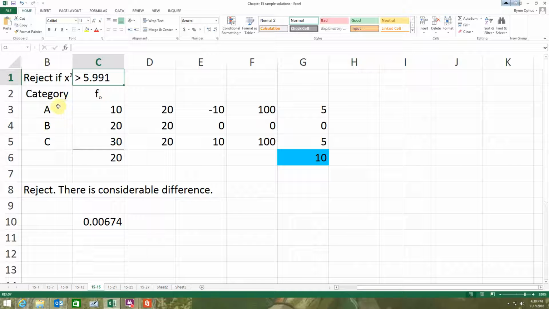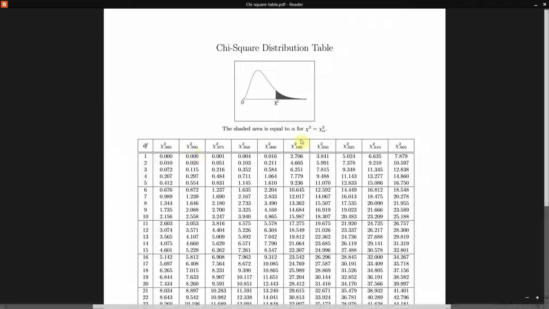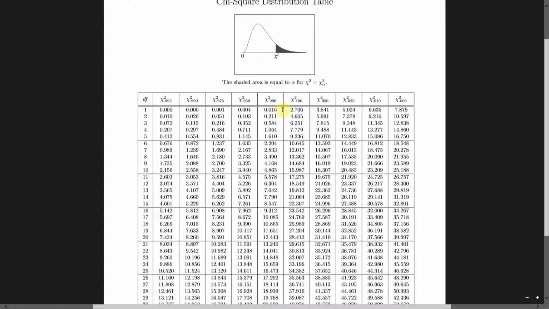So k is equal to 3, so k minus 1, our degrees of freedom, is 2. And our significance level is 0.05 given to us. So I found a table, it's not perfect, but it should work. Degrees of freedom 2 and 0.05 is our significance level.